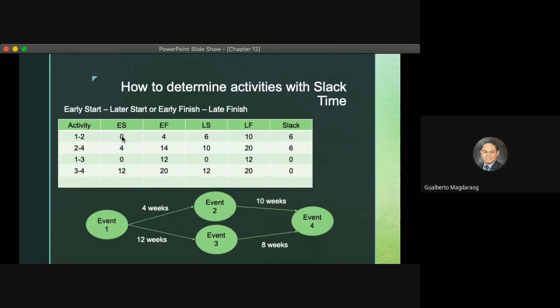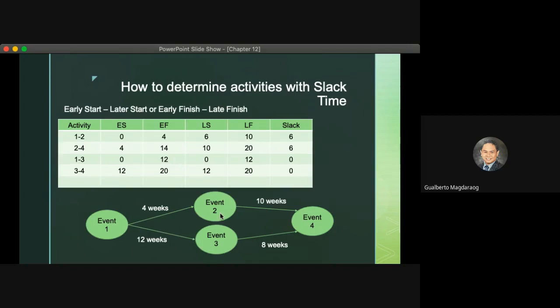So early start is 0 and early finish is 4. For event 1 to 3, the earliest start is again 0, and the early finish is 12, because it requires 12 weeks before you finish event 3.